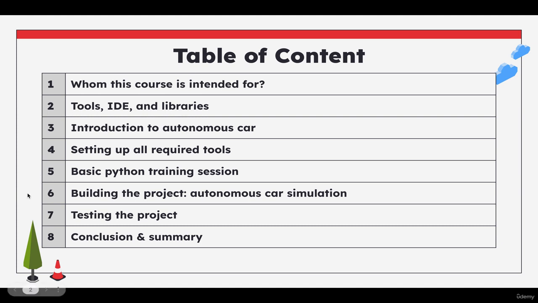And chapter 6, building the project, autonomous car simulation. That's the most important part of this course. Obviously, that's the main component. We're going to build the project from scratch, all right? And I think it's going to be the best part, but also the most challenging part at the same time.